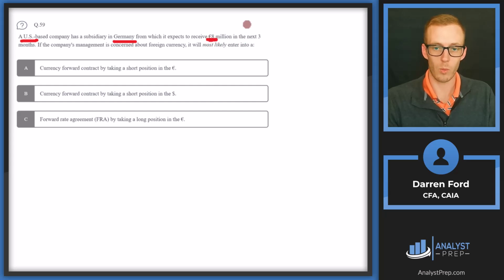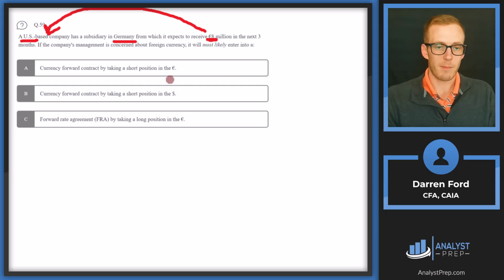So right now we're long euros essentially, because we want the value of the euro to increase, which will then mean we'll get more dollars. So we are long euro. If we're concerned about foreign currency, we want to hedge. So our forward contract needs to be going short euro.